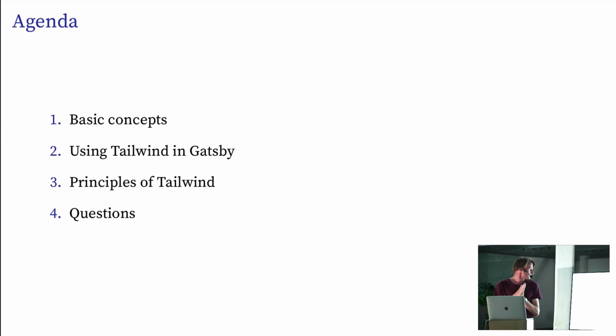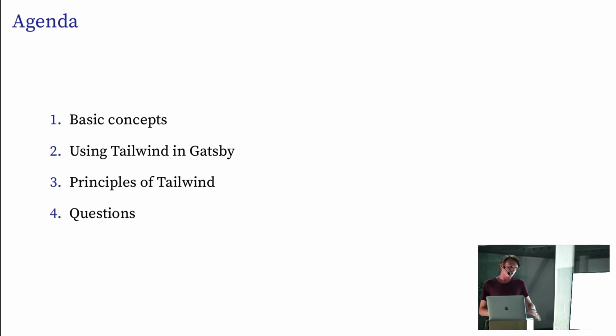I'm going to talk about Tailwind today, and I'm going to split it into 3 parts. First, I'm just going to explain the basic concepts. Then I'm going to set up how you use Tailwind in Gatsby to make it Jamstack related, but everything related to Tailwind can be used in any kind of stack.